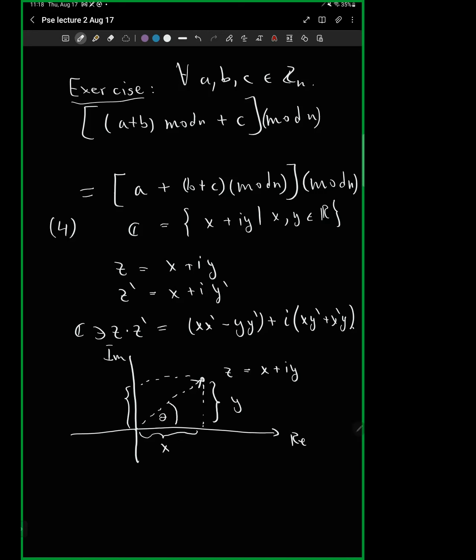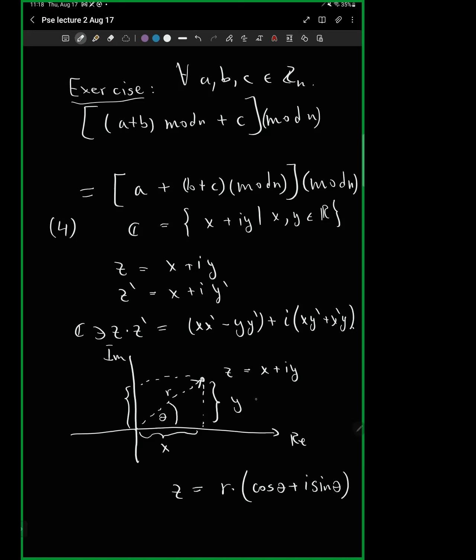And moreover, this vector will have a length, and call it r. So I could write, in fact, z is equal to r times cosinus theta plus i sinus theta.